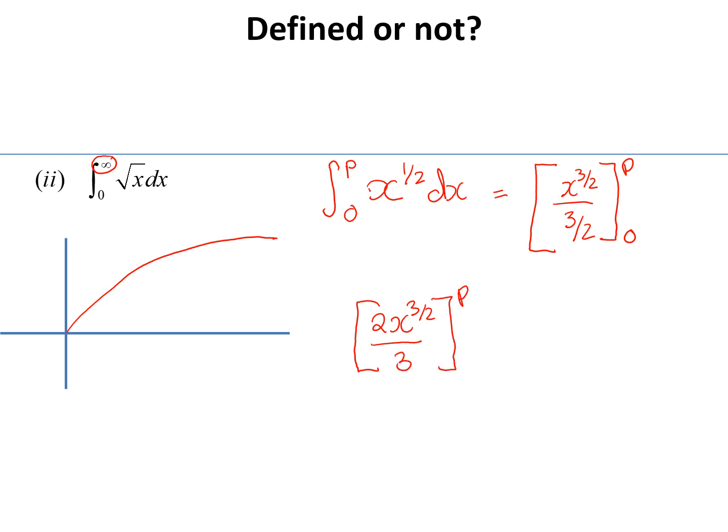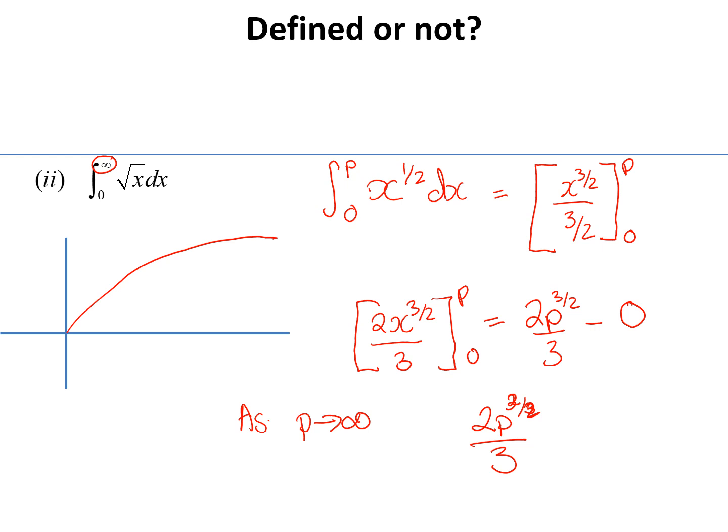Put p and 0 in now. So that's just going to give me 2p to the 3 over 2, over 3, subtract nothing. Now, remember the last step, as p tends to what it was going to be, replaced for this thing, which is what we've got here. Oh, it's done the wrong way around there, 3 over 2 over 3.